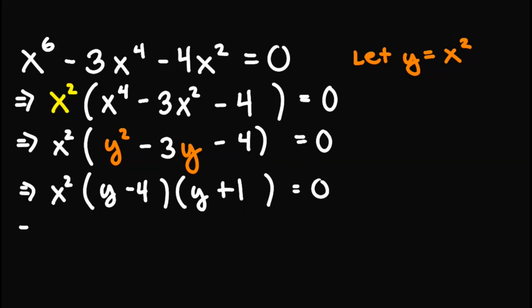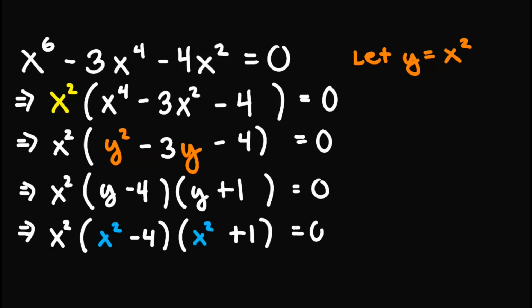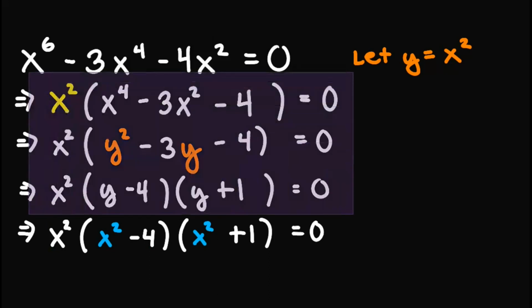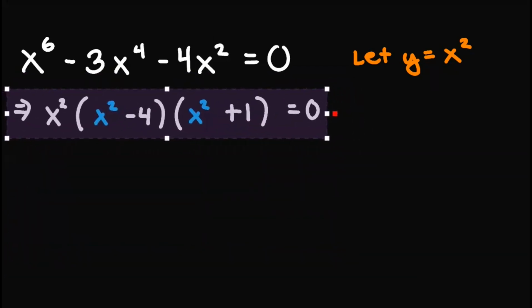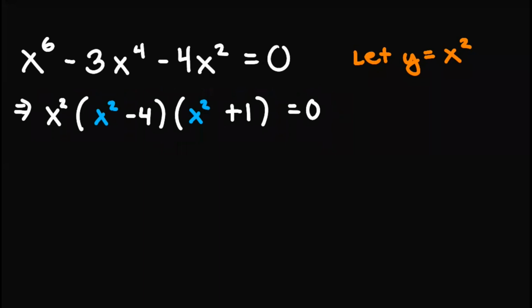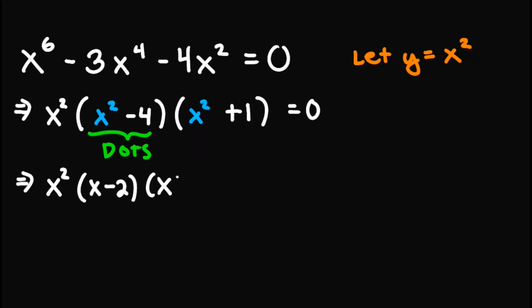So bringing it back to x, we'll have x squared times x squared minus 4 times x squared plus 1 equals 0. So this is what we have so far. From here, observe that this one out here is a difference of two squares. So we know that this factors into x squared times x minus 2 times x plus 2.